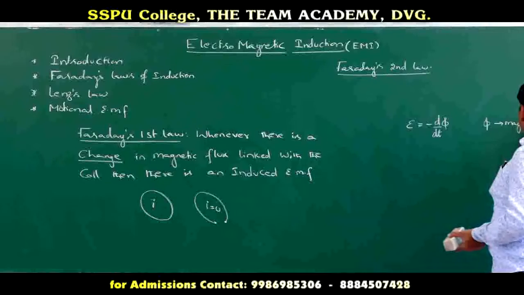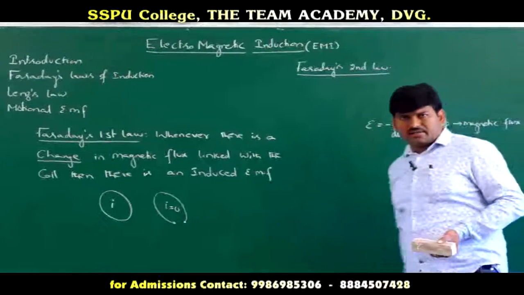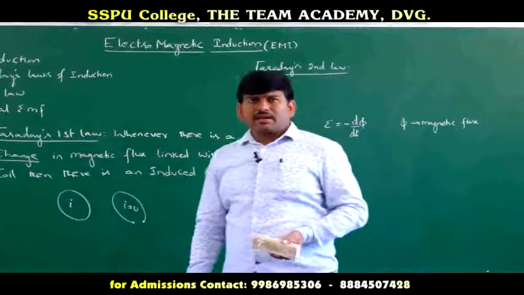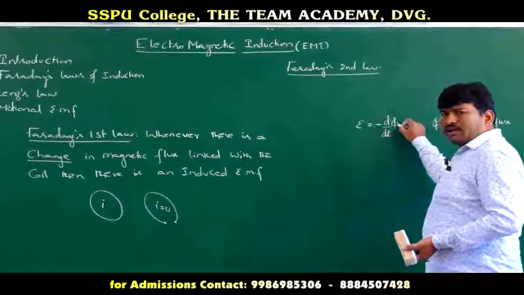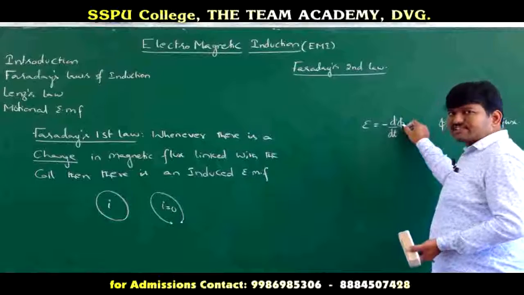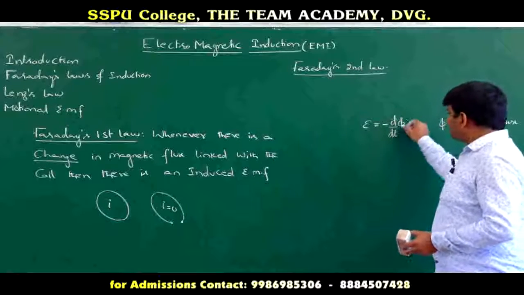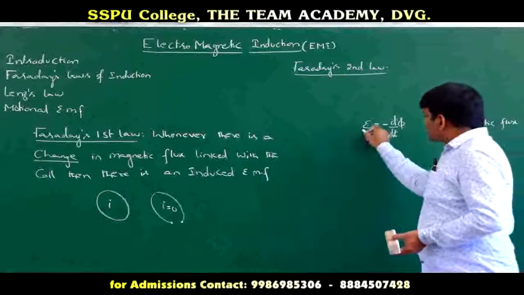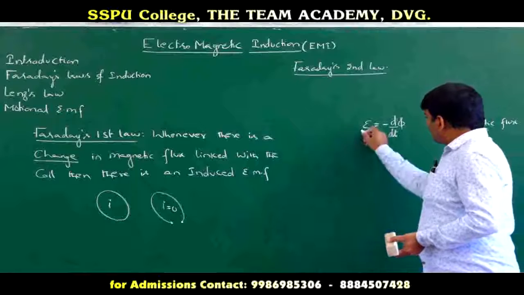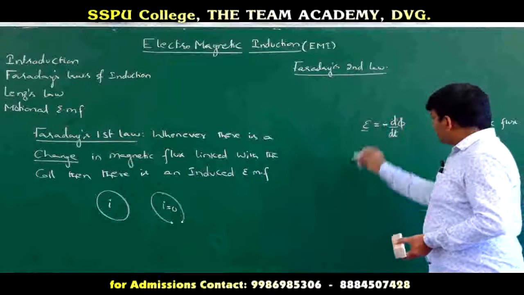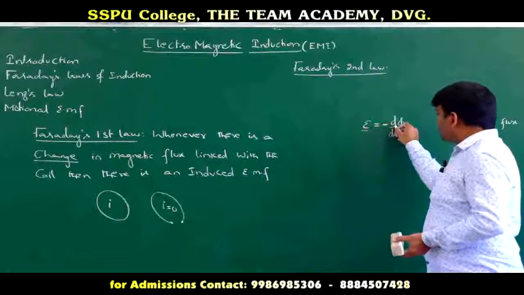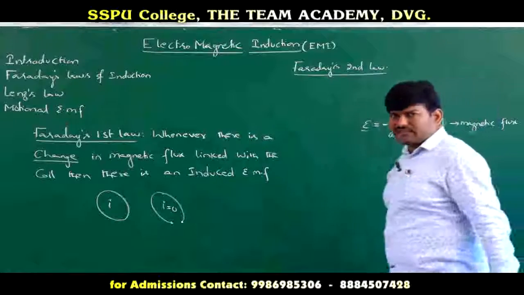Phi stands for magnetic flux. You know how to read d by dt: it is read as rate of change. So what is d by dt of phi? Rate of change of magnetic flux. Here E stands for induced EMF. Induced EMF is equal to negative rate of change of magnetic flux.